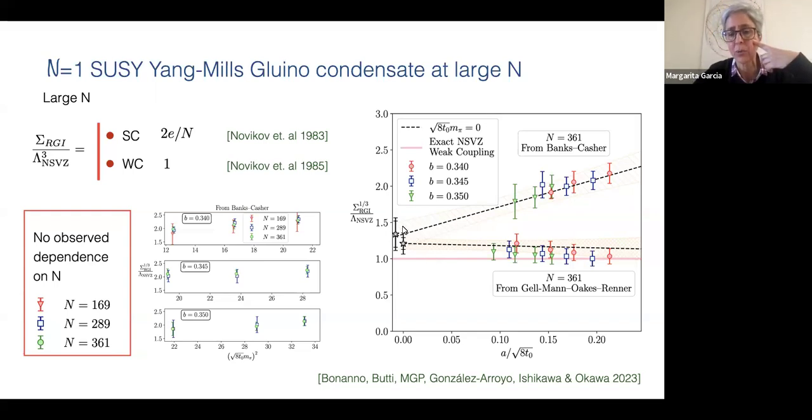The two methods are in reasonable agreement with the weak coupling approximation.